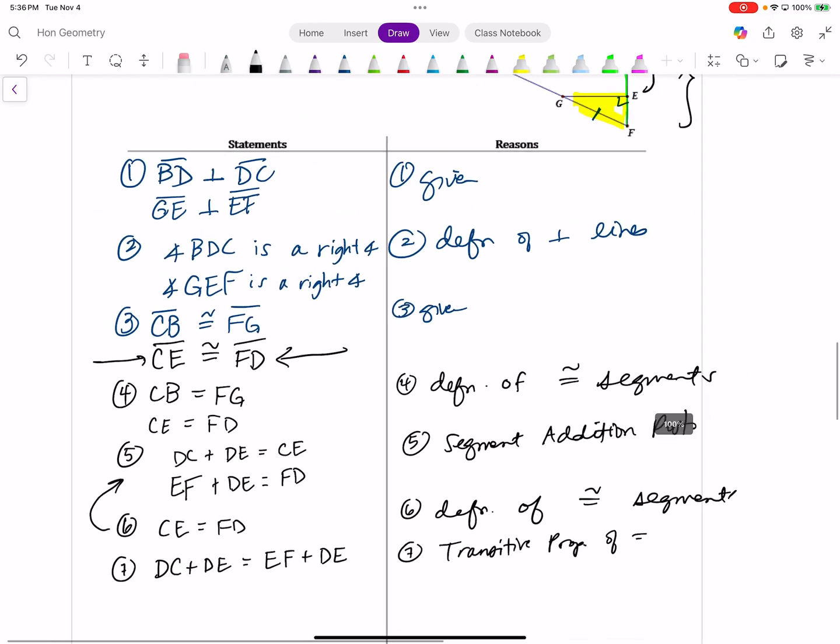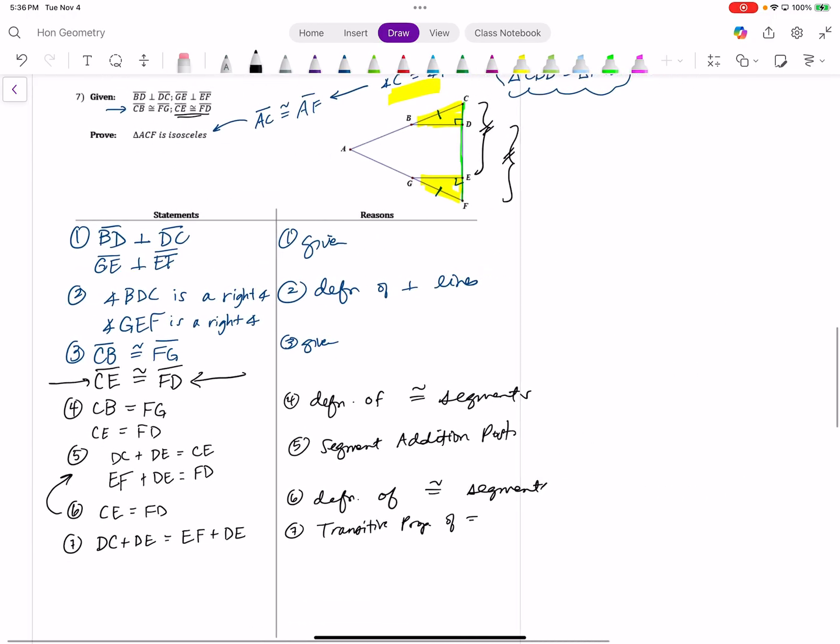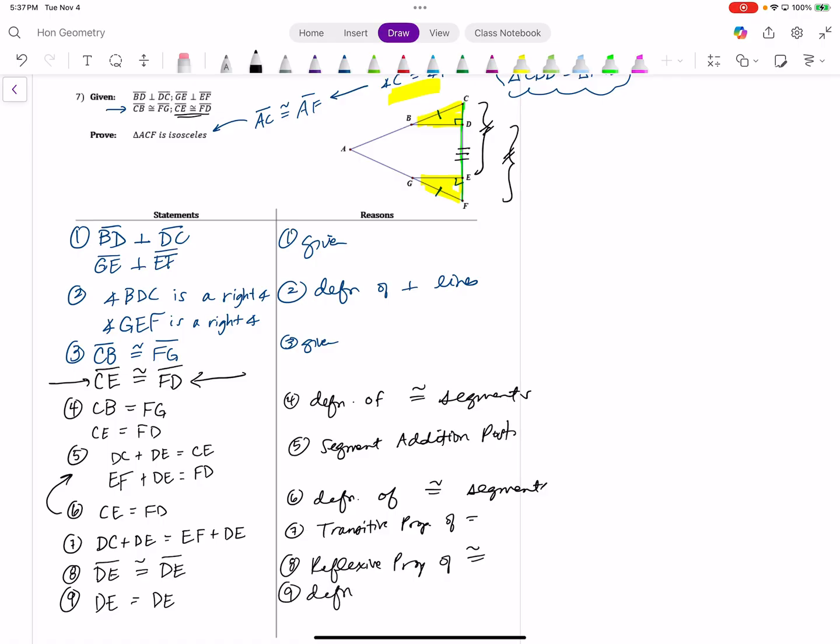Alrighty. Now, we never have said that this segment is congruent to itself, but we're going to need to. So DE is congruent to DE by the reflexive property, which means DE equals DE, because of the definition of congruent segments. Holy cow, this is a dandy.